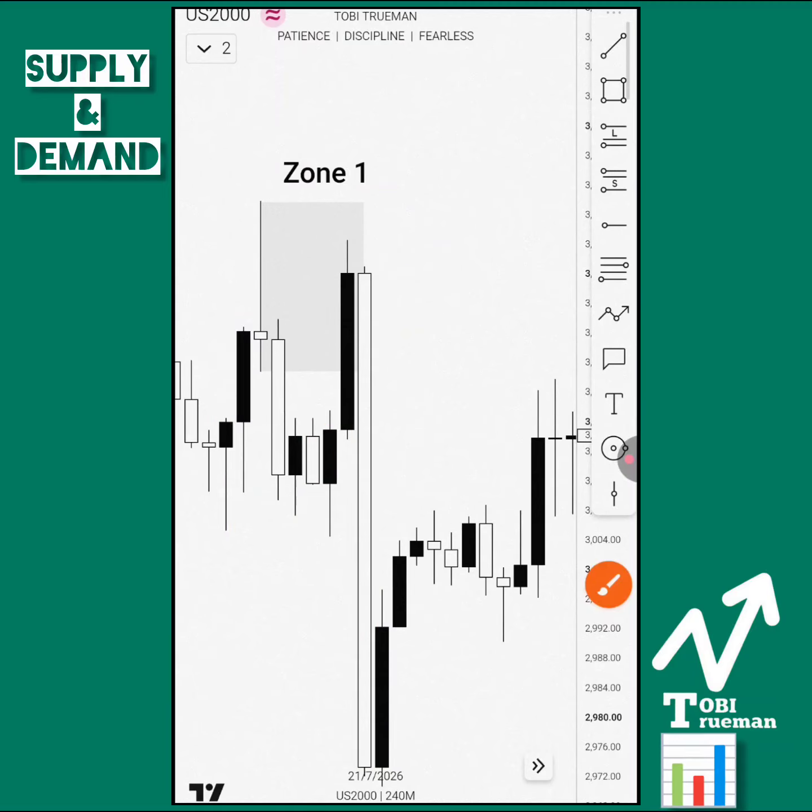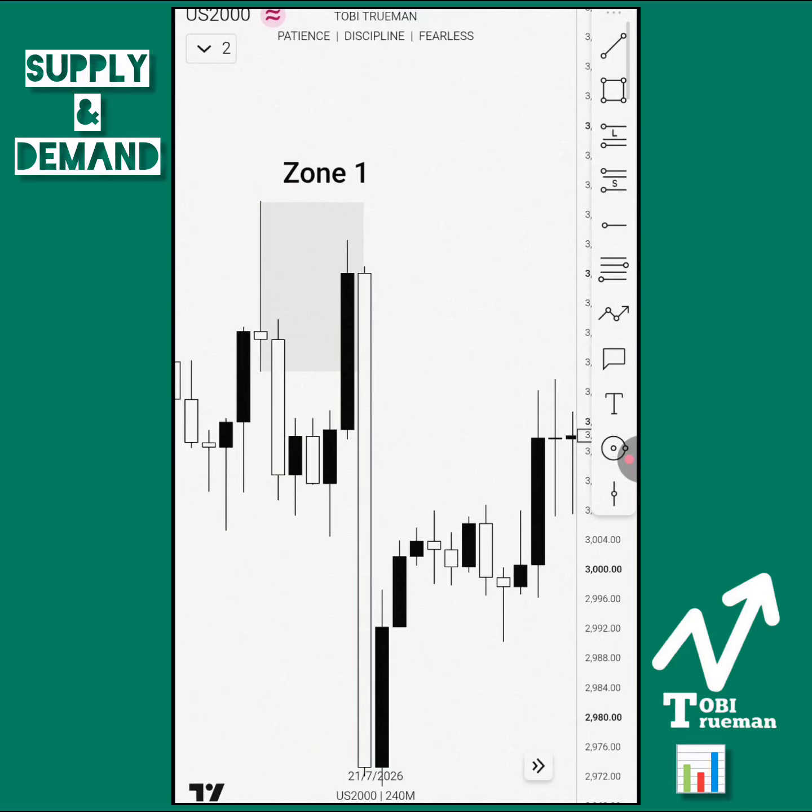After that, price took out the previous low of this particular pattern. After price did that, price went back again to this zone 1 and came back down. So we now have high number 1, high number 2, low number 1, low number 2.